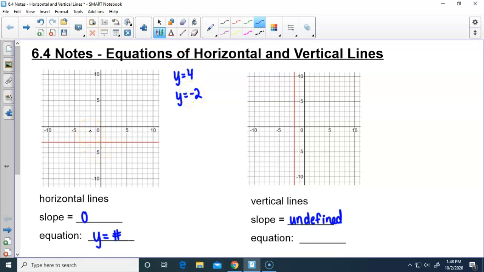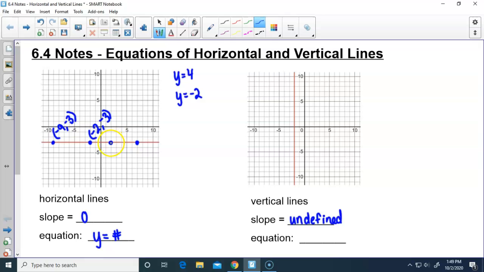Let's look at why that is the case. Let's look at this horizontal line that I have graphed here, and I'm just going to pick out a few points on the line here. I'm just sort of randomly selecting a few points on the line. And let's look at the coordinates of all of those points. So right here I have the point -9, -3. And then here I have the point -2, -3.